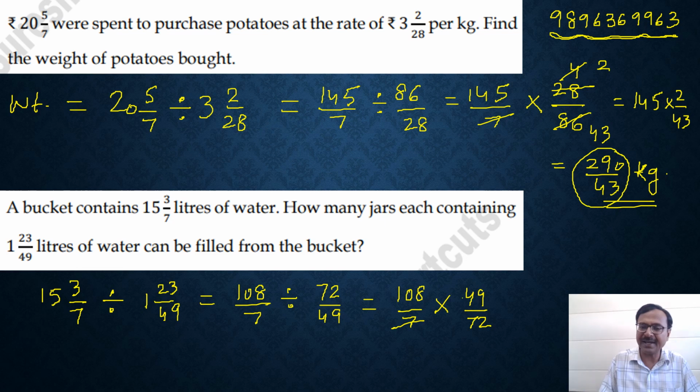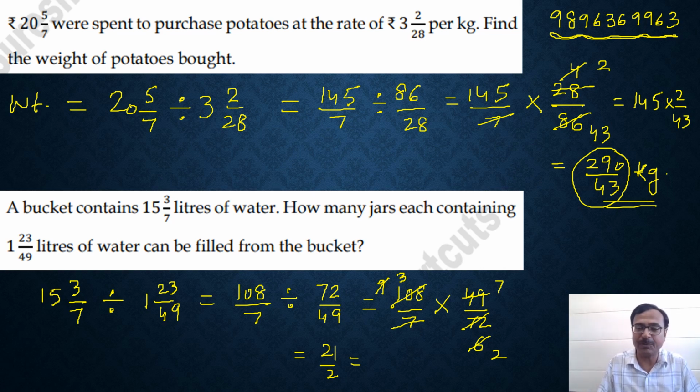So you can see 7 cancels 49 7 times, and 72 and 108 have the common factor 12, 6 times and 9 times, and still we have common factors, 3 2 times and 3 3 times. So this comes out to be 21 upon 2, or you can bring it in the mixed number form, 10 and a half jars can be filled by the water in the bucket.